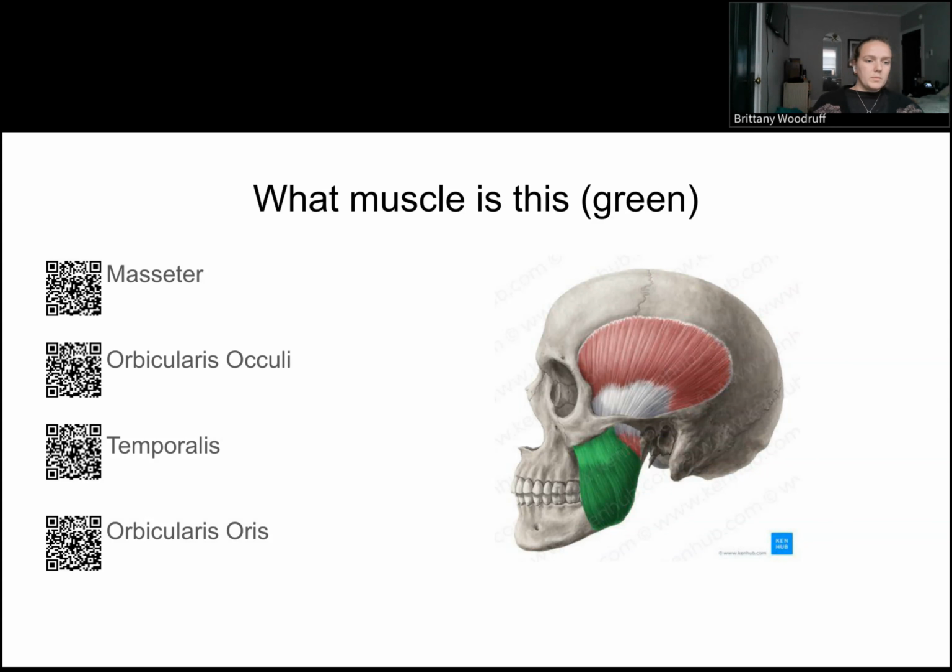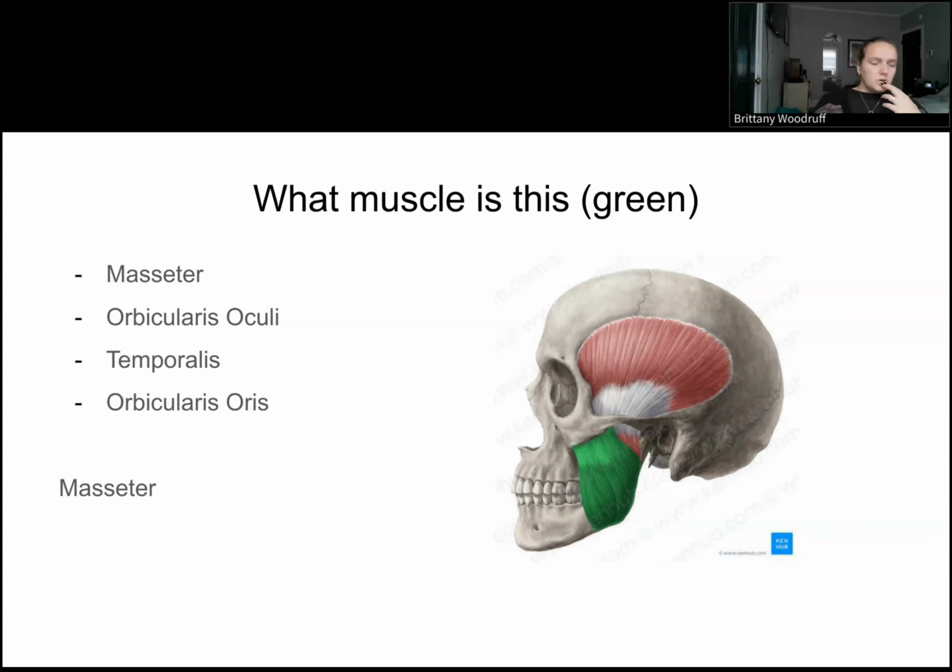Yeah, so this is going to be your masseter muscle. Okay, your orbicularis oculi. Now your orbicularis oculi is going to be a round muscle found around your eyes. It's going to be responsible for opening and closing your eyes. Oh, I forgot to even start with masseter. Masseter muscle, responsible for chewing.